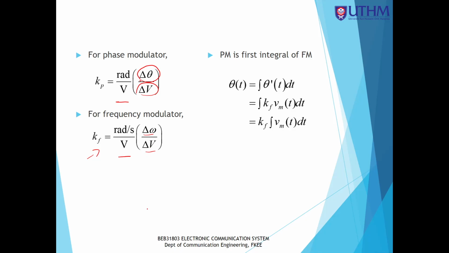We asked this question in the previous semester final exam, where we gave students a table. Kita pernah beri table seperti ini, I'm not sure whether Kp or Kf. Let's say we want to find Kf, for example.